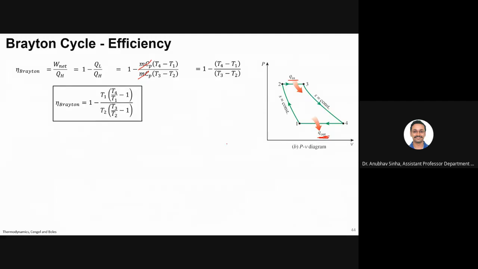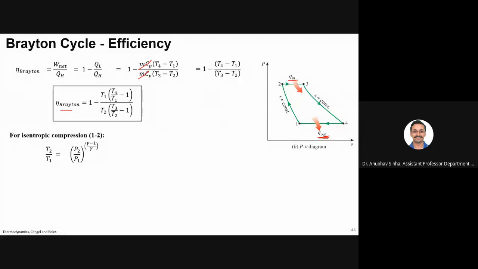So again I will do some rearrangement and try to express this in terms of some ratio. If you know the temperature, you can calculate from this. Generally we don't know the temperature, so we'll try to use different ratios to make this equation simple.